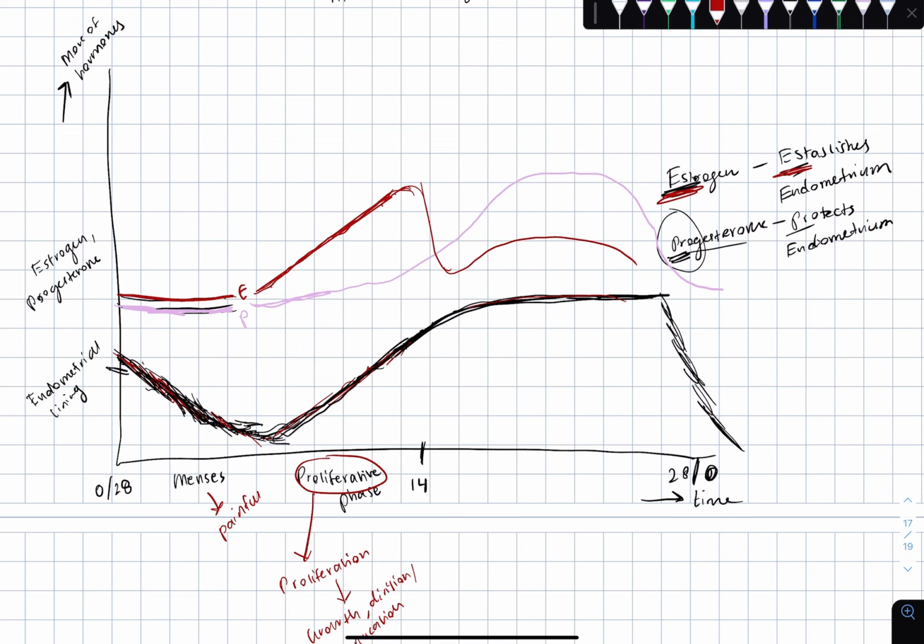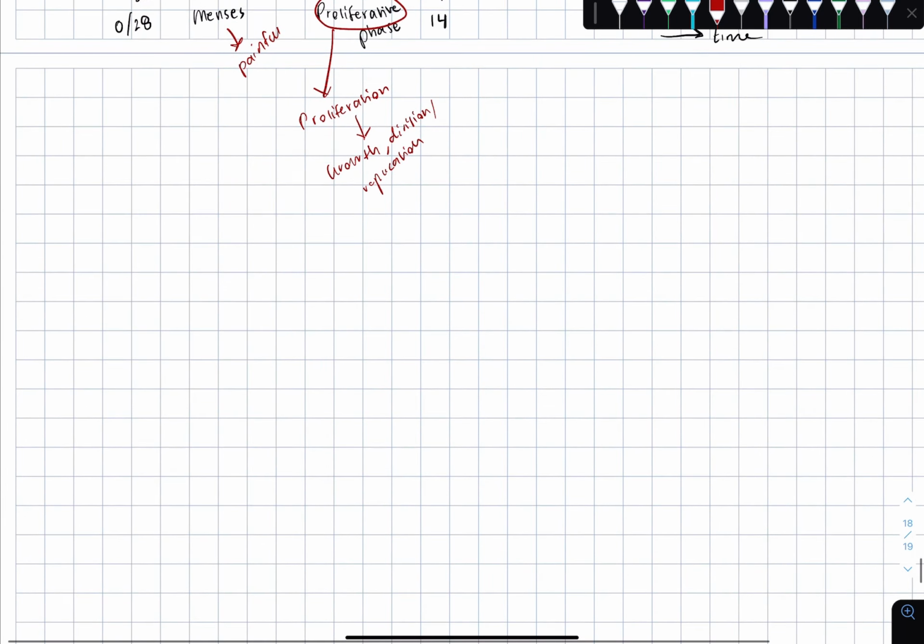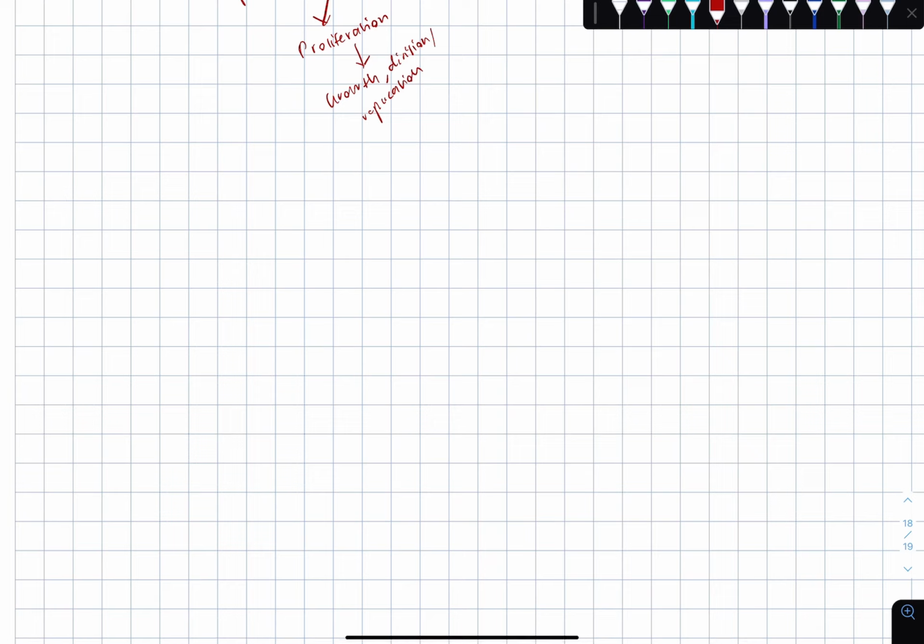These are hormones that are released by the anterior pituitary gland. Let's quickly go over where these hormones are coming from. We have the hypothalamus, which is like the intersection between the nervous system and the endocrine system, so we get neuroendocrine from there.